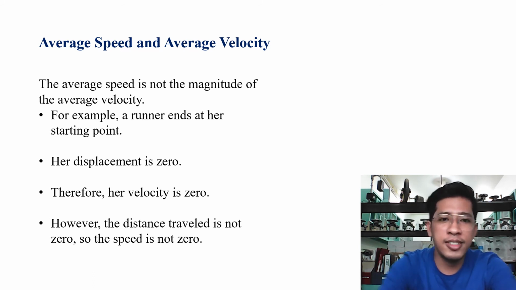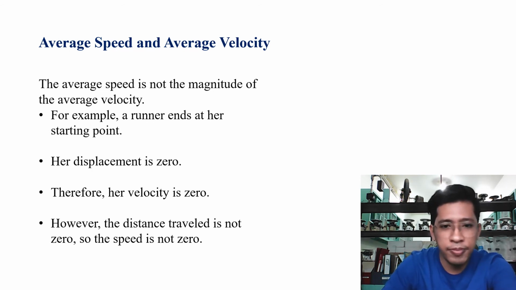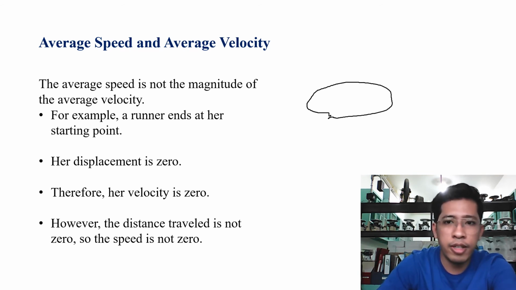Let me draw. Let's say this is the track for the runner, and this is where the runner starts, and this is also the same point where the runner finishes.